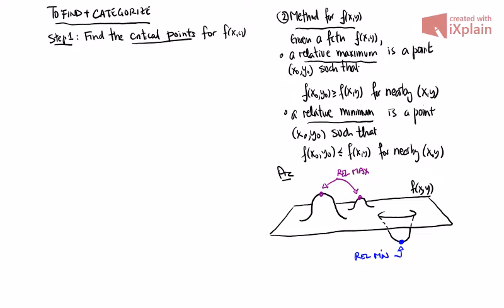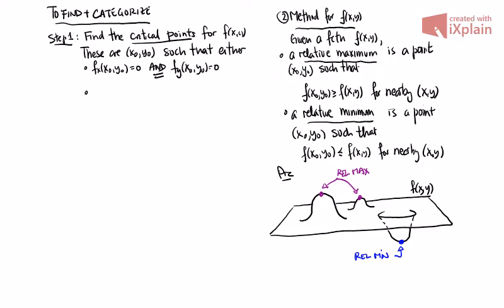These are points where either both of the partial derivatives are 0 or one of the partial derivatives is undefined. And again, like in the one-dimensional case, we're mostly going to focus on the 0 case because the undefined case is a little more quirky. So these are x0, y0, just to keep them specific, such that either, first case, f sub x of x0, y0 is 0 and f sub y of x0, y0 is 0.